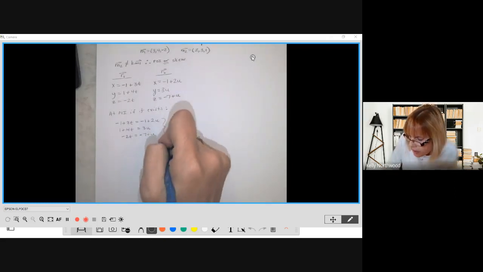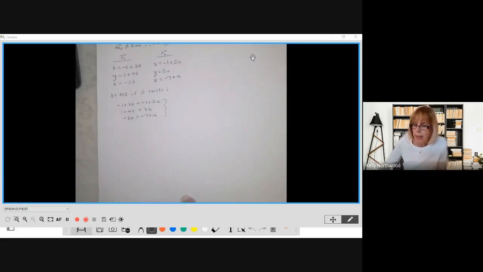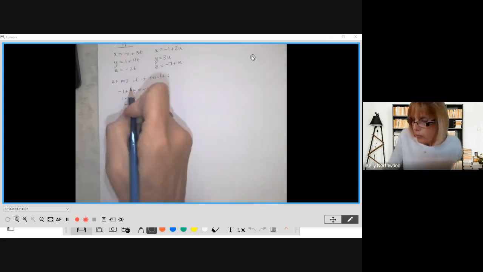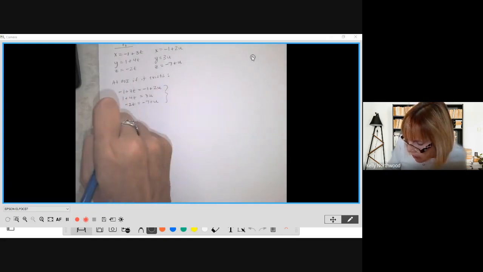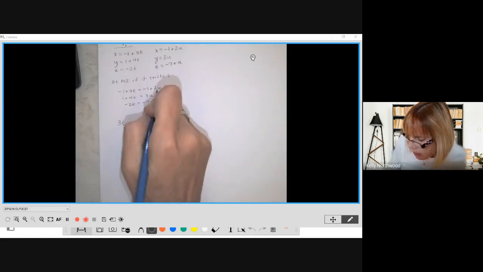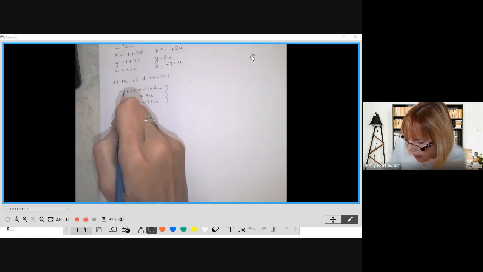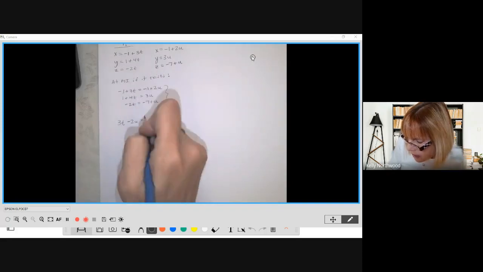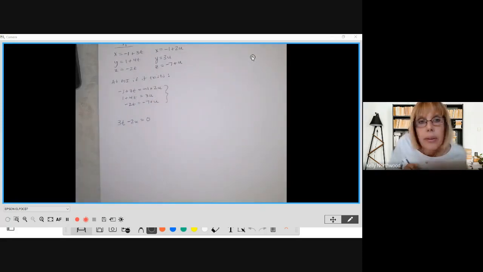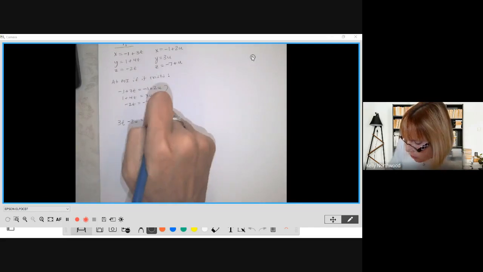So that's our first stage. Now I want to make it so my t's and u's are on one side and my constants are on the other for each of my three equations. This is my rearrange step. So to make this one prettier, I'd have 3t - 2u equals, if I add this one over here, 0 on the right side, and that's my equation 1.